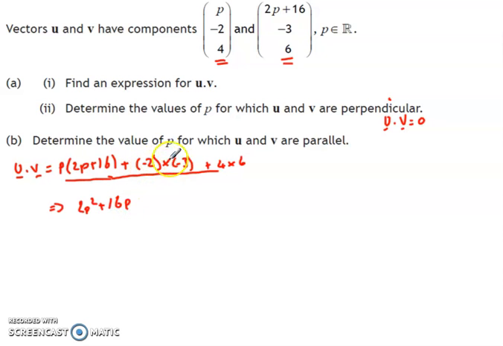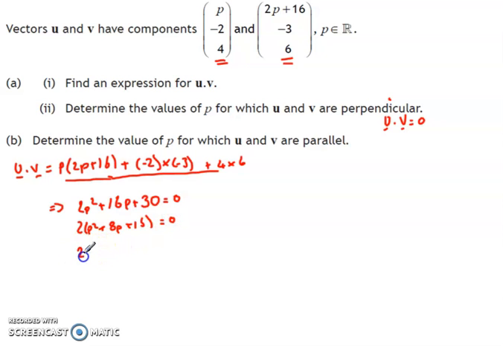I've then got negative 2 times negative 3, which is 6. I've then got 4 times 6, which is 24. So I can then say, right, so putting them all together gives me plus 30. That there equals 0. So now I've got to factorize a quadratic, so we factorize to solve. Take out 2 as a common factor, and you get 2 bracket p squared plus 8p plus 15 equals 0.